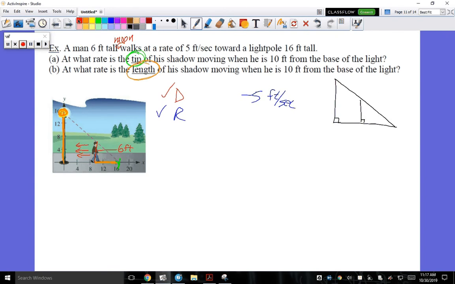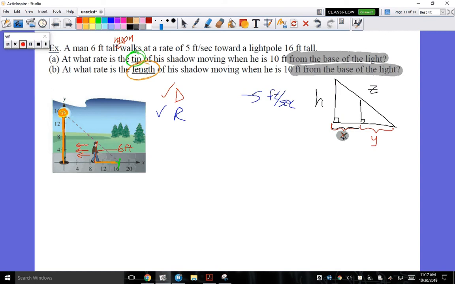I want you to label this X. I want you to label this, I know it's counterintuitive, Y. I want you to do this as height and this as Z. So the distance that he is away from the base is X. Go with me?